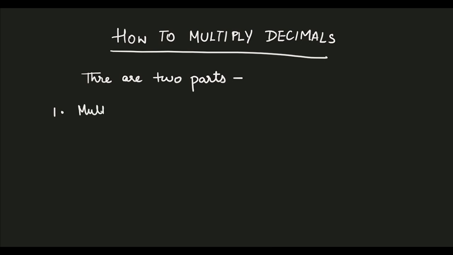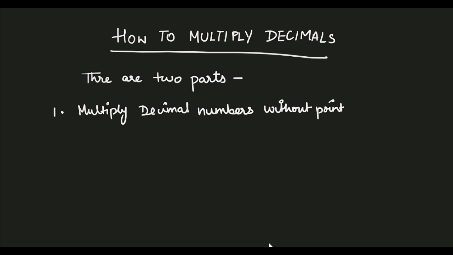So first we'll multiply the decimal numbers without the point, and once we multiply our decimal numbers without the point, we will put that decimal point back in the correct place.